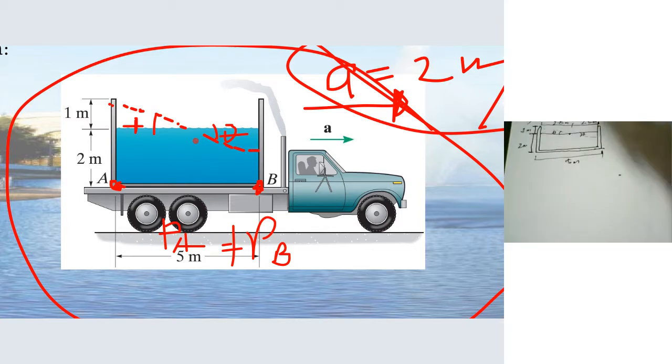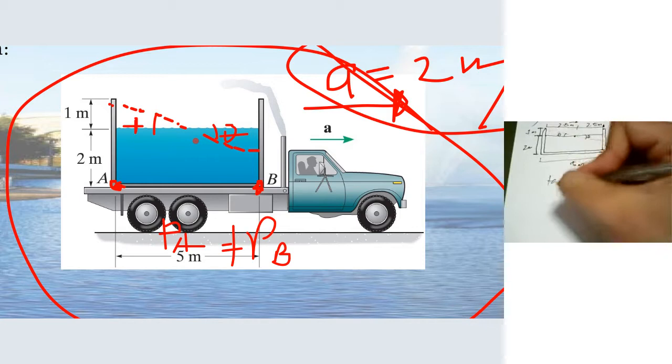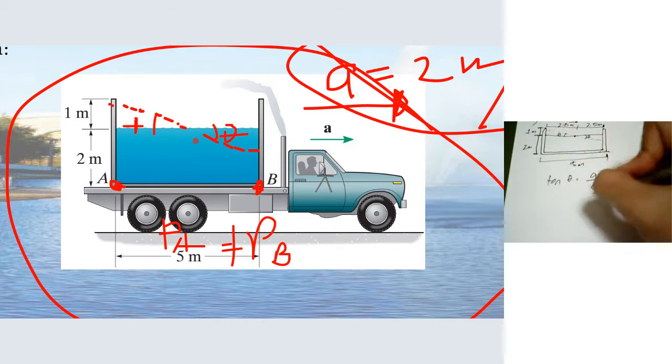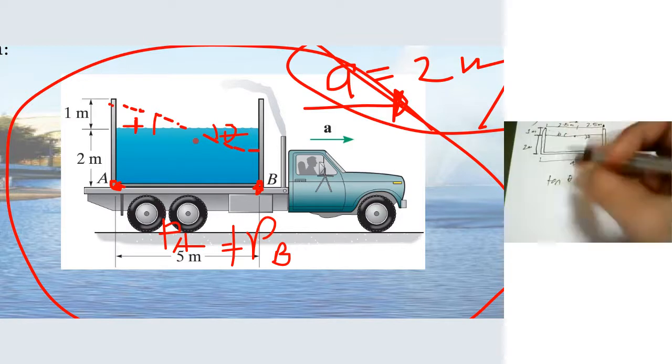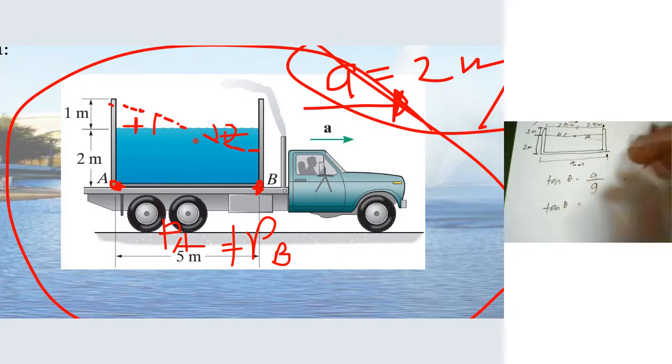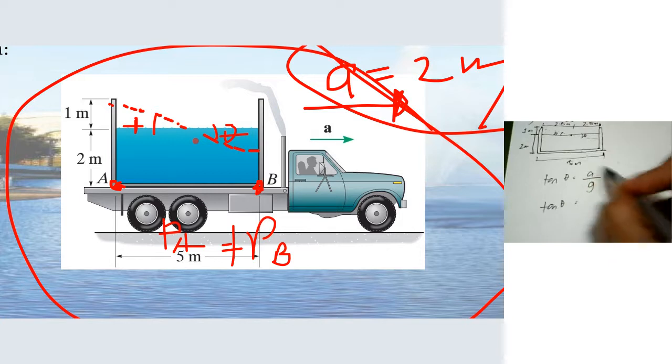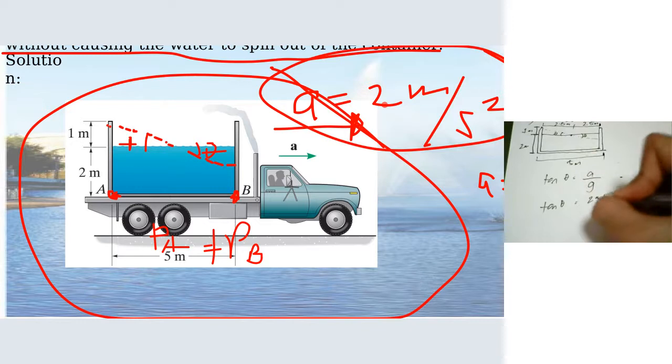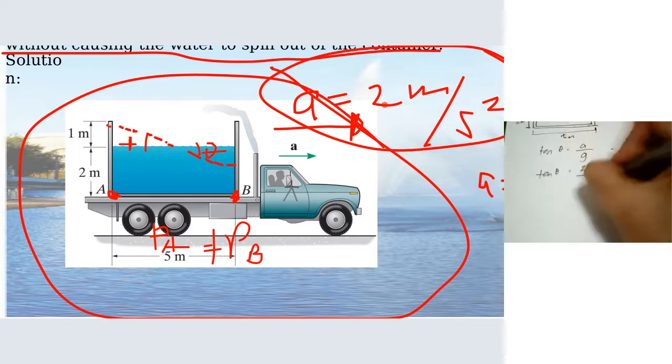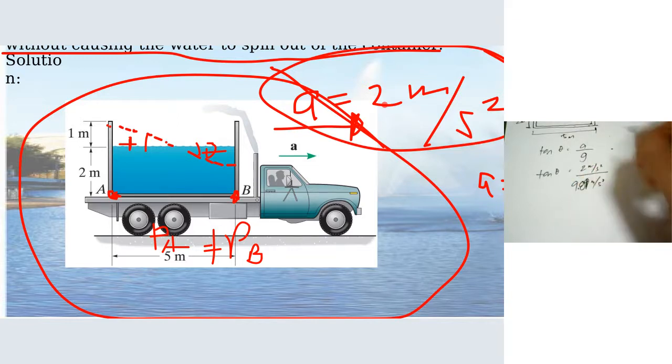Now, using the formula that we derived earlier, tangent theta equals A over G. So, we can substitute the given acceleration, 2 meter per second squared. And this is 9.81 meter per second squared.